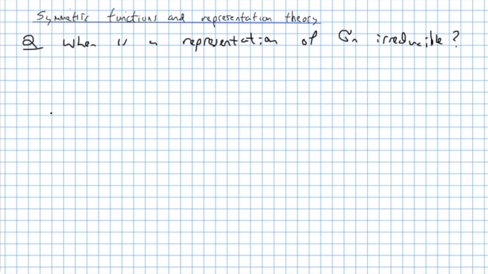So there's something a bit better than reducibility, and it's being decomposable. So we say that a representation X, a matrix representation, is decomposable into two pieces.